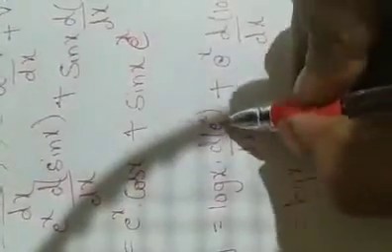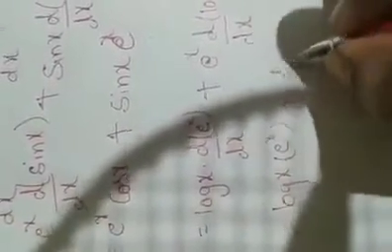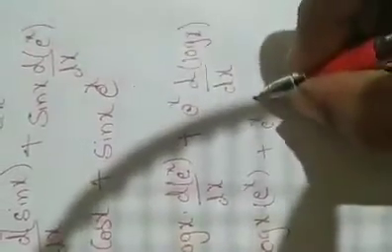Find the derivative of the second function, that is e raised to x, plus, now keep the e raised to x as it is. Find the derivative of log x. Log x into derivative of e raised to x, which is e raised to x, plus, keep the e raised to x as it is. Derivative of log x is 1 by x.